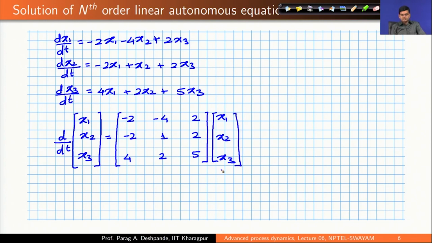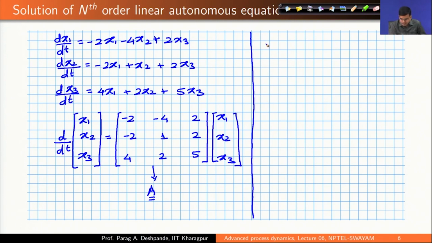Fine. So, now what do I need to do for solving this equation? I need to determine the eigenvalues and eigenvectors of A. In fact, I have those eigenvalues and eigenvectors already determined with me.